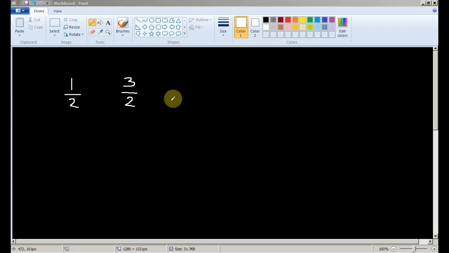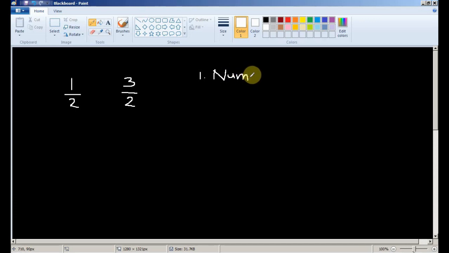two rules which you have to follow in order to find the greater fraction. The first rule is to compare the numerator and the second is to compare the denominator. There are two cases. First, the numerator is the same.